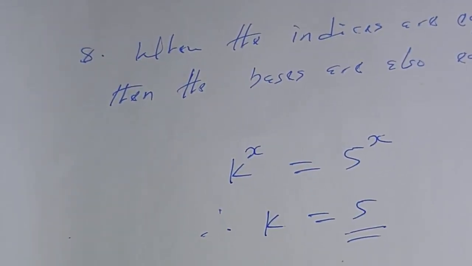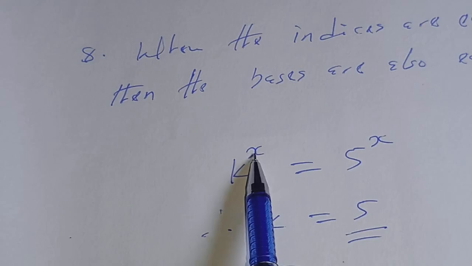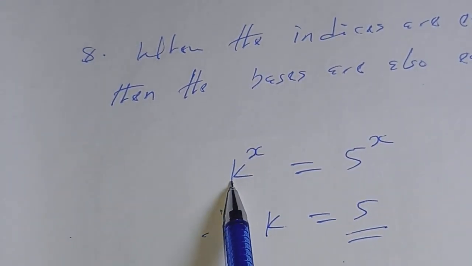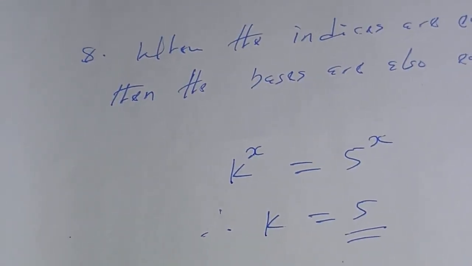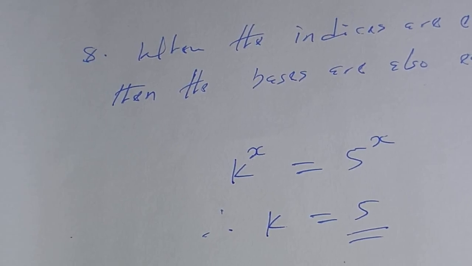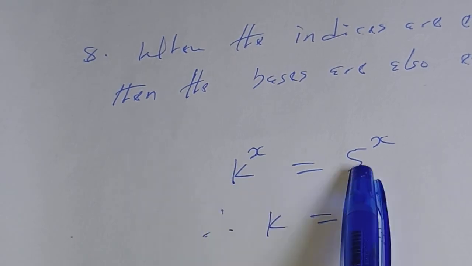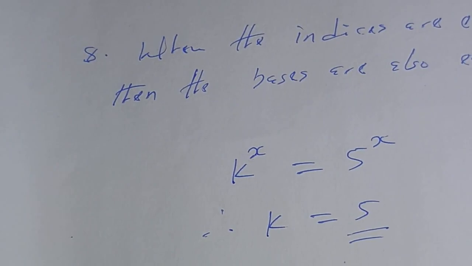So you can see that since the indices are equal, x and x, then the bases k and 5 are also equal. Anytime you see an equation whereby the indices are equal, the powers are equal to each other, then just know that the bases are also equal. Straightforward.